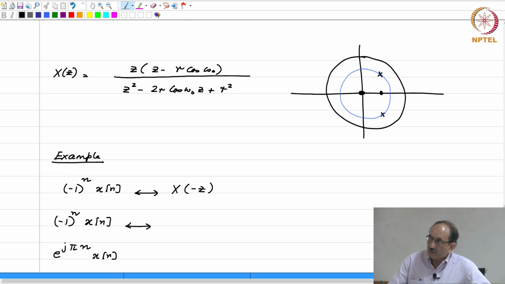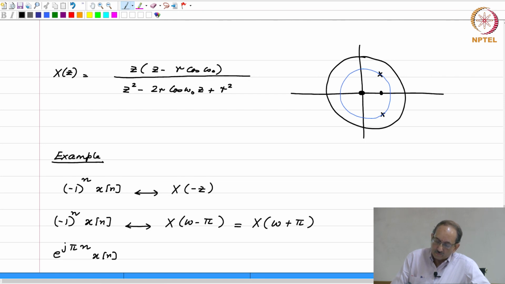If it is e to the j omega naught n, it is X(omega minus omega naught). Omega naught happens to be pi, therefore, this is this, and this is also the same as X(omega plus pi), because minus 1 to the n is e to the plus or minus j pi n.